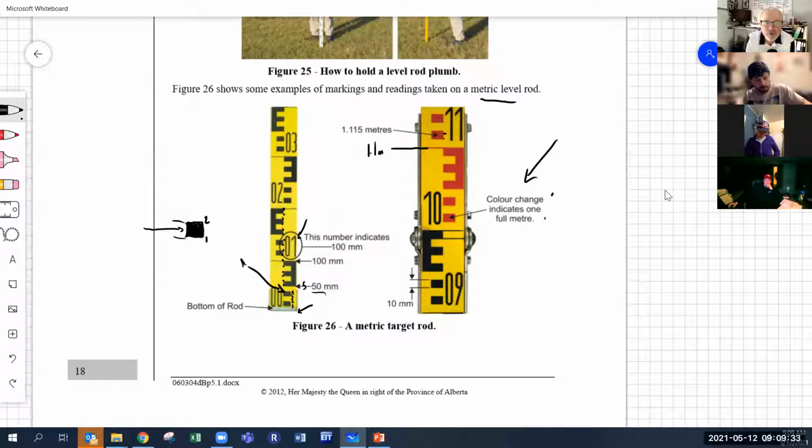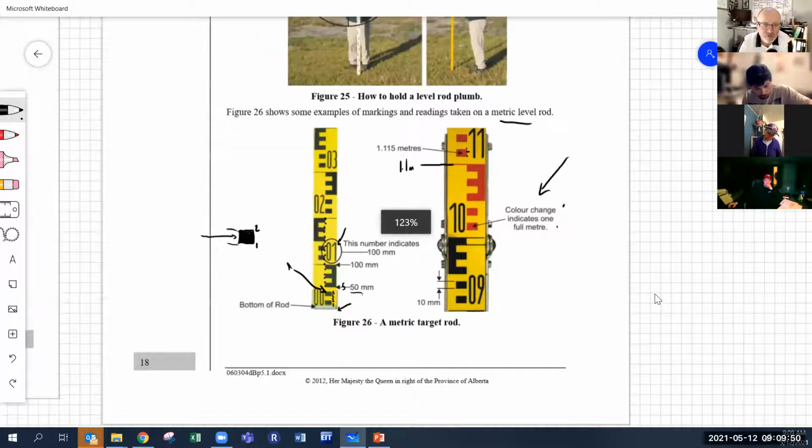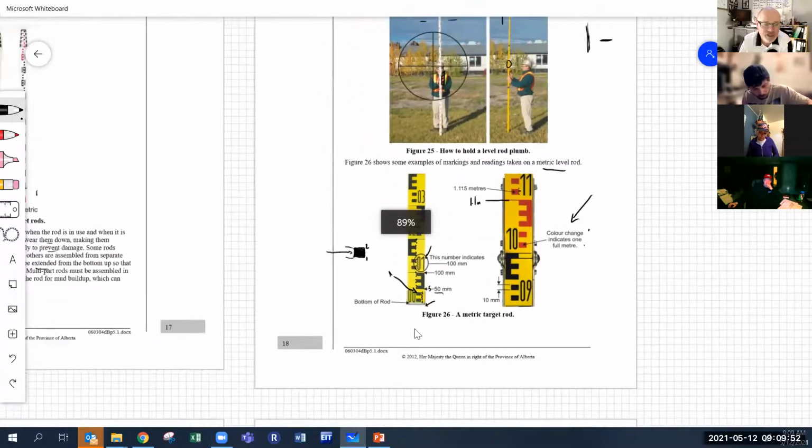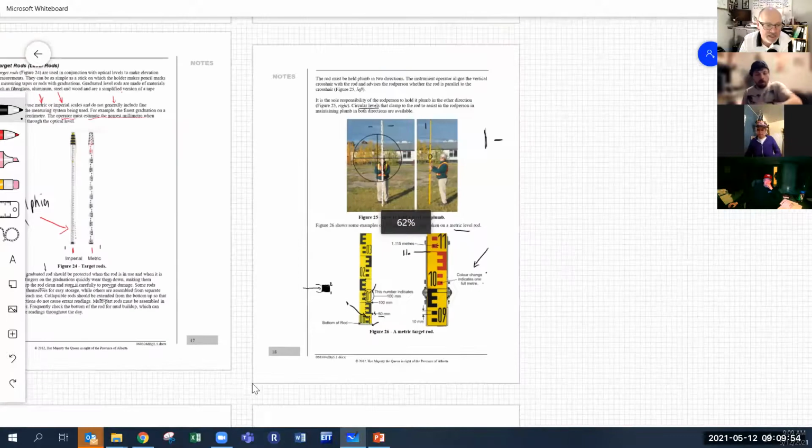So this is 1.11, 1.15, and this would be 1.2. So that's kind of how they are read. And we'll go through, I got a couple of exercises here on rod readings, so we'll have a good grasp of what that is.